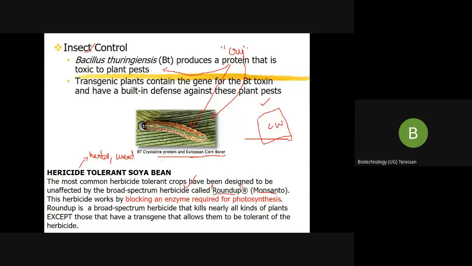Now your herbicide Roundup doesn't know which is crop plant and which is the weed. If you spray here, it is going to kill all the plants. How will it kill? By blocking the enzymes required for photosynthesis. So this Roundup is going to block the enzyme responsible for photosynthesis, thus all the plants will die.